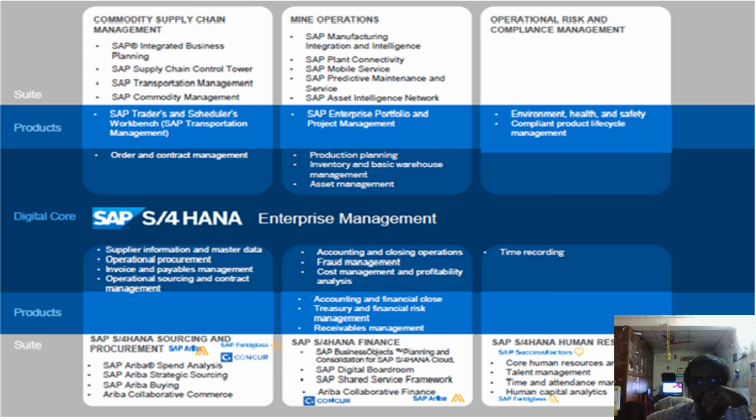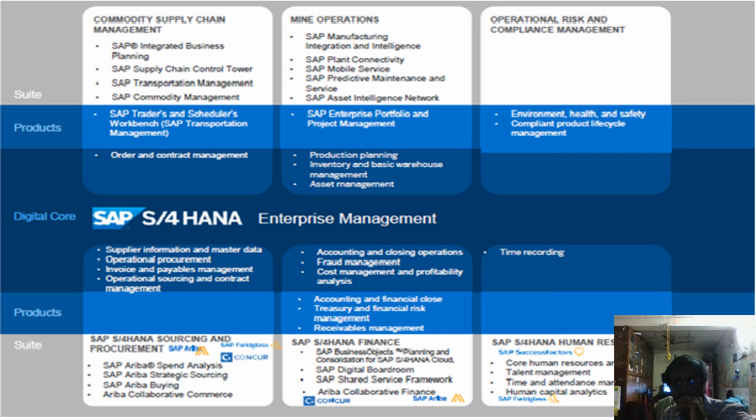When coming to finance, we have accounting and closing of particular periods, and reopening of periods, fraud management, cost management and profitability analysis, accounting and financial close, treasury and financial risk management, and reservation management. So we have a lot of finance capabilities.